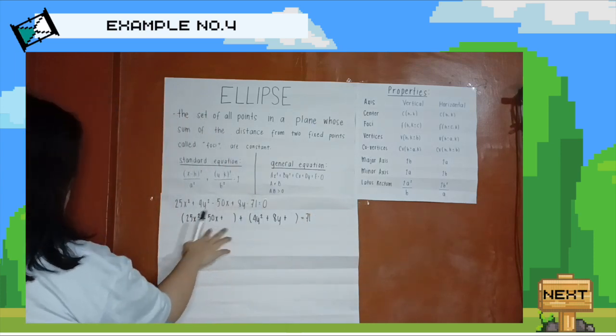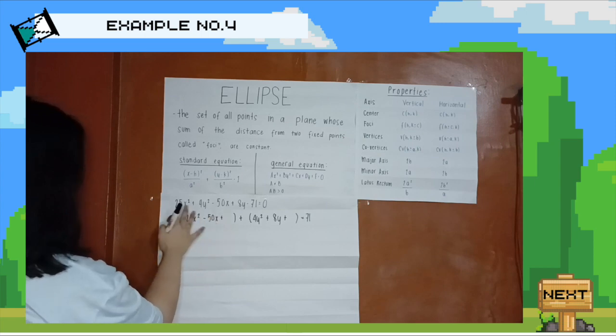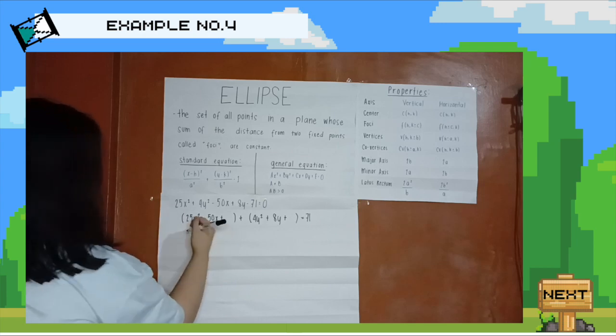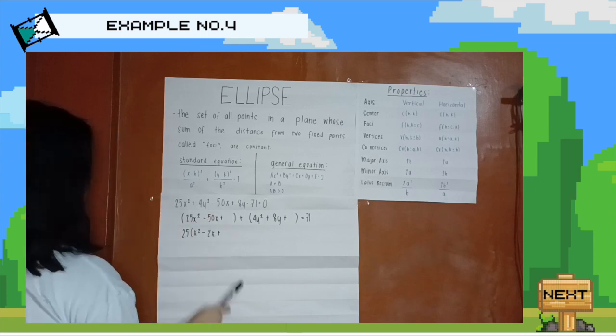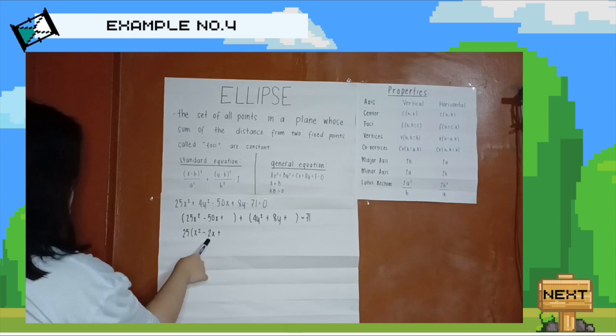To find this, we need to factor this out. So negative 50 divided by 25 is negative 2. So 25 times x. So, to get this, we need to divide this. So negative 2 divided by 2 is negative 1, and we need to square it.